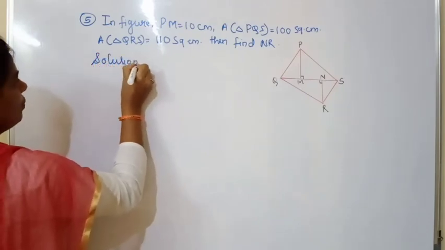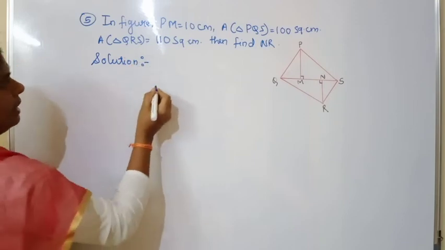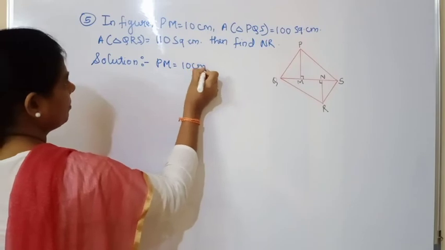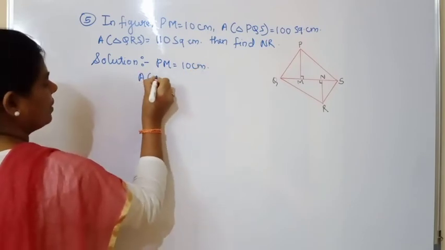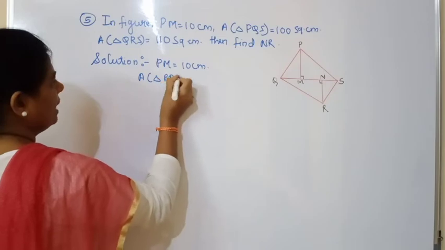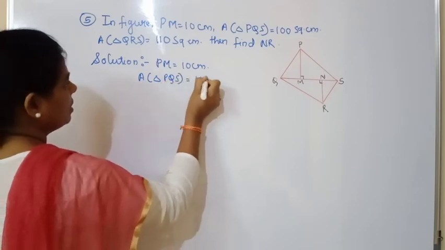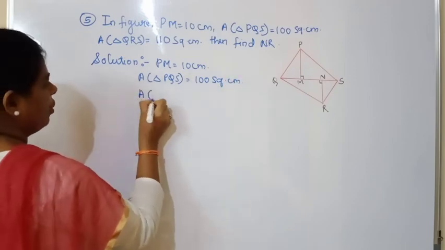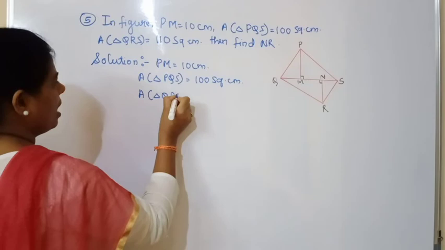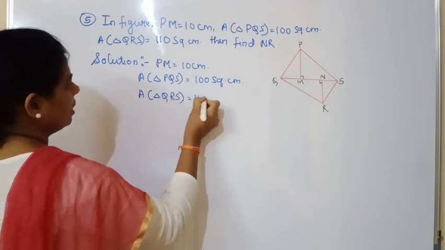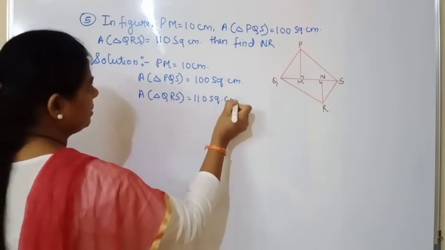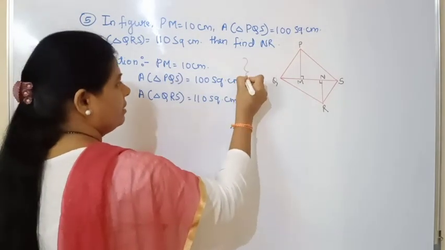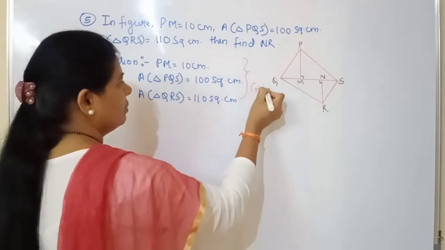First of all, what is given to us: PM equal to 10 centimeter, area of triangle PQS is equal to 100 square centimeter, and area of triangle QRS is equal to 110 square centimeter. So all these things are given to us.